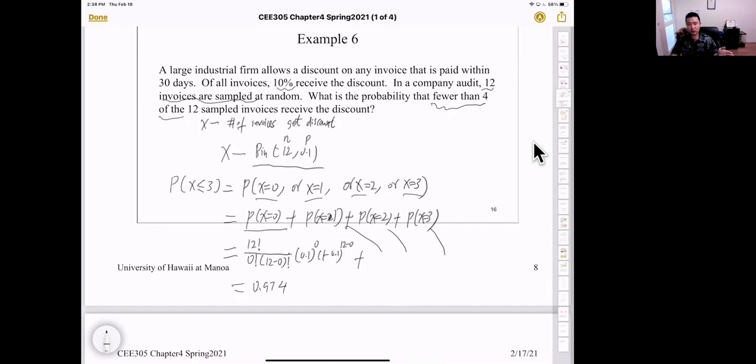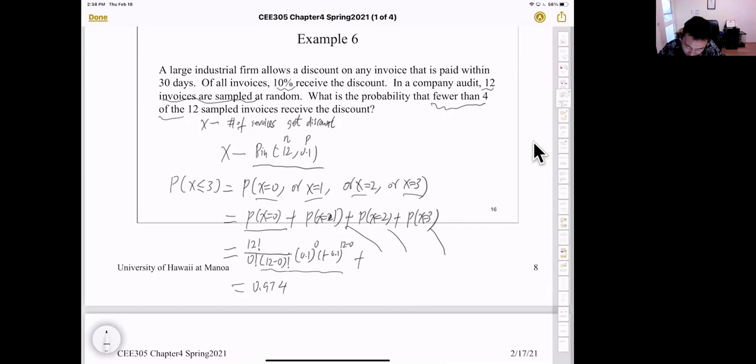The calculation seems complicated if you follow this procedure, but you can use your calculator to do that. Some calculators can easily calculate the probability. You can tell it you follow binomial(12, 0.1), and it can calculate P(X = 0), 1, 2, and 3. As long as you can figure out what the distribution is and what the parameters are, you can use whatever method to do the calculation.